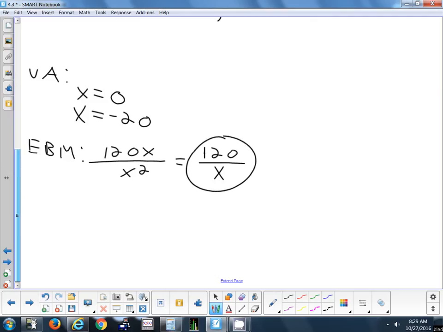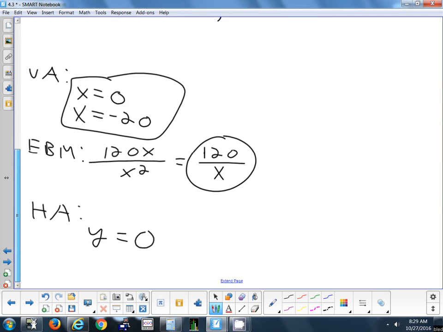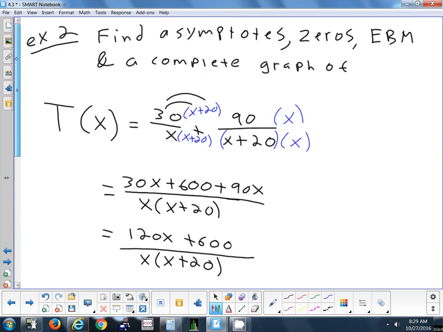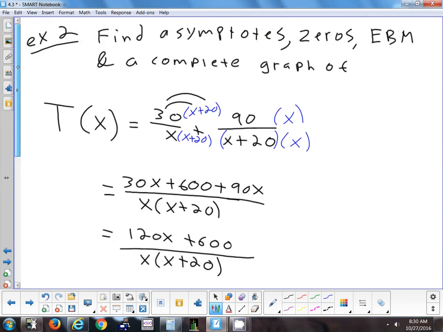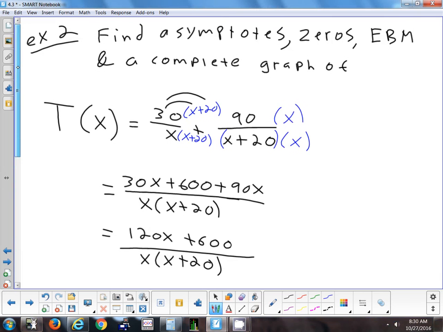Now I can let x approach infinity in that fraction, and that tells me my horizontal asymptote. What's my horizontal asymptote? 0. All right, so we've got those. What else do they want? We got all the asymptotes. Find the end behavior model. We got that.